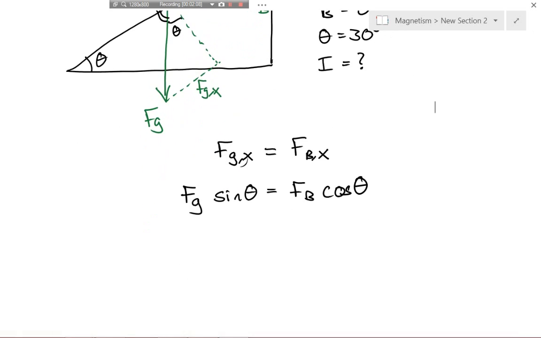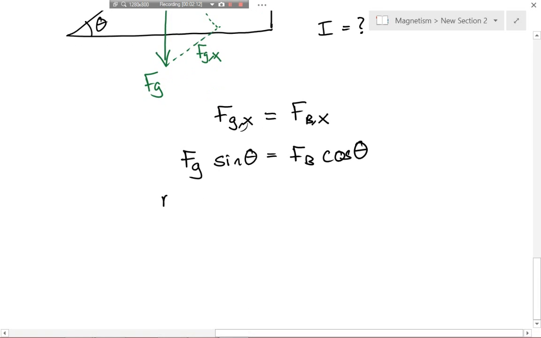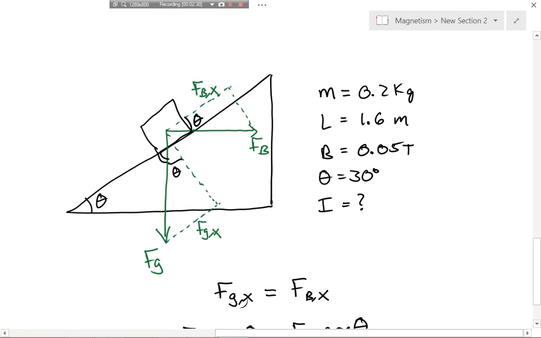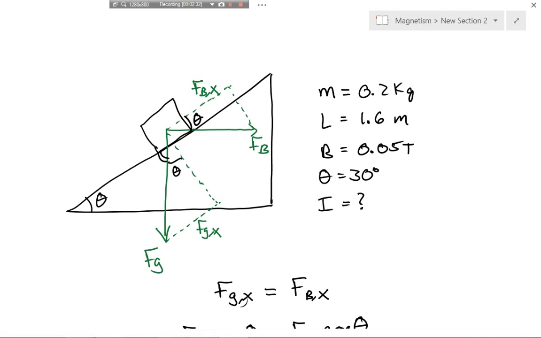So here I just have to set these two things equal to each other. Remember, the gravitational force near the surface of the Earth is just mg, so we have mg sine theta has to equal the magnitude of the magnetic force times cosine theta, so that's going to be IBL cosine theta. Once again, the angle between the magnetic field and the current is going to be 90 degrees, because the magnetic field is pointing vertically upwards, and my current, remember, was pointing into the screen.